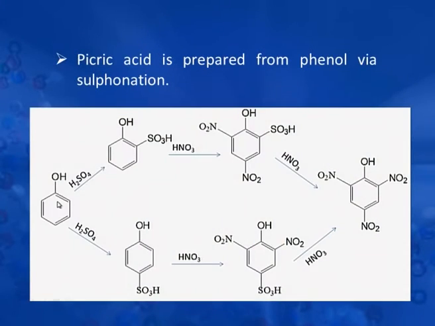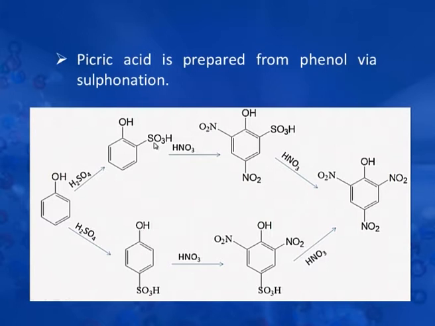Look here in this particular slide, we are starting from phenol. First of all, the molecule is treated with sulfuric acid, so that there is formation of ortho-hydroxybenzene sulfonic acid and para-hydroxybenzene sulfonic acid. The two molecules are then nitrated.